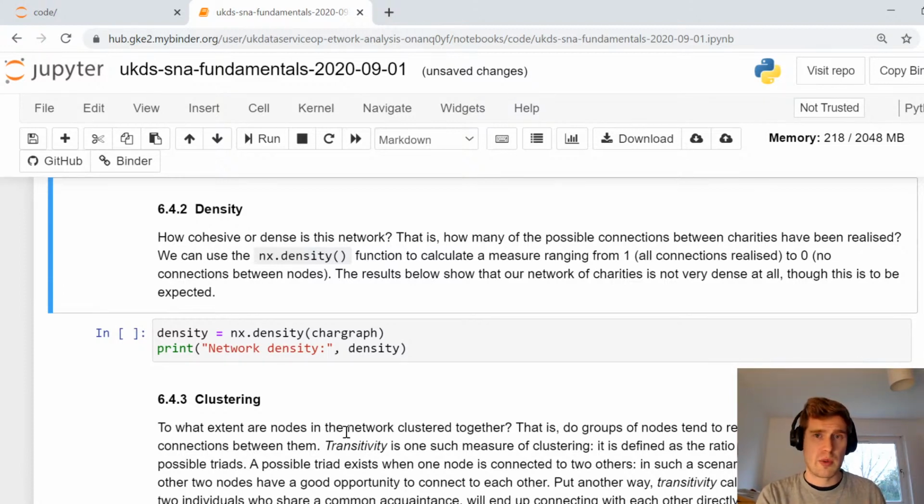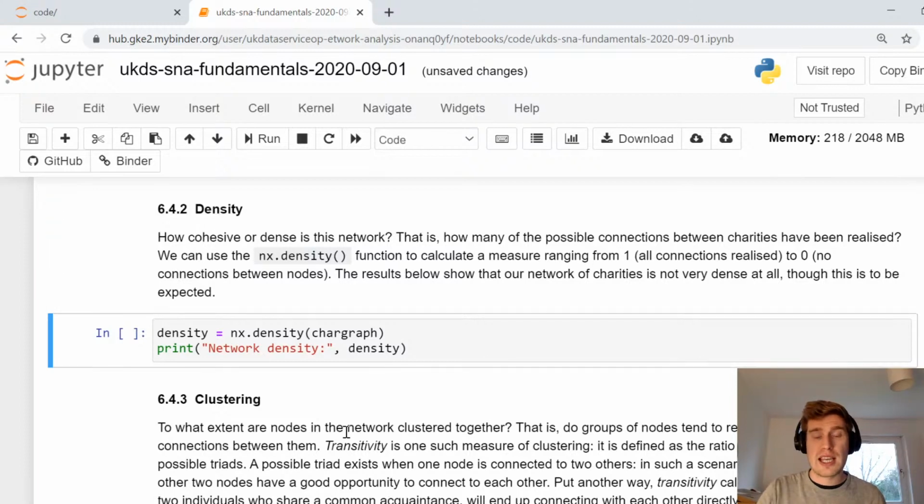So the density of a network is essentially, of all the possible connections that could exist, how many actually exist in reality. So how many possible connections between charities have been realised. Again, thankfully, we can use the kind of English language based methods that the networks package provides. So instead of asking for information, now we're asking for information on density.